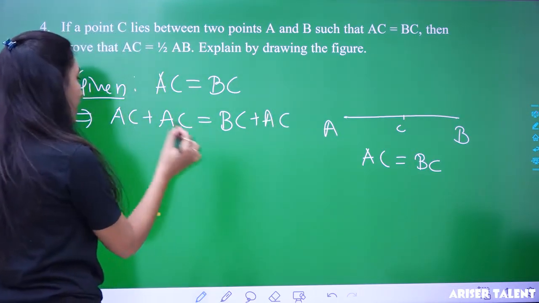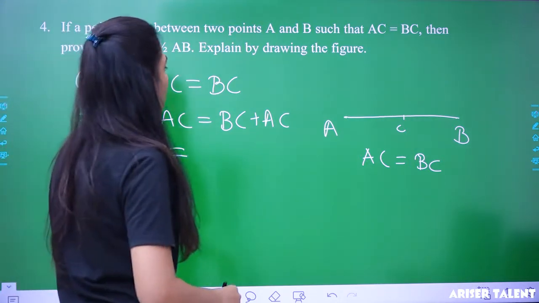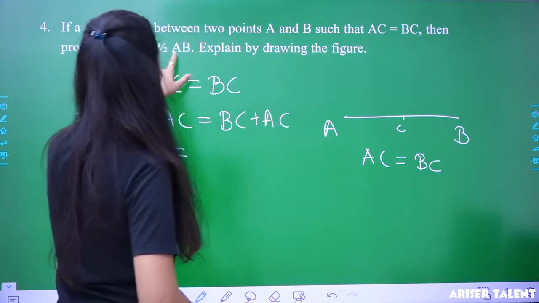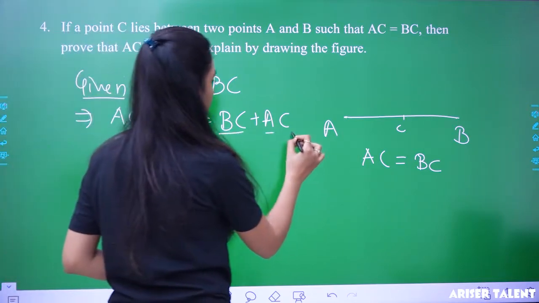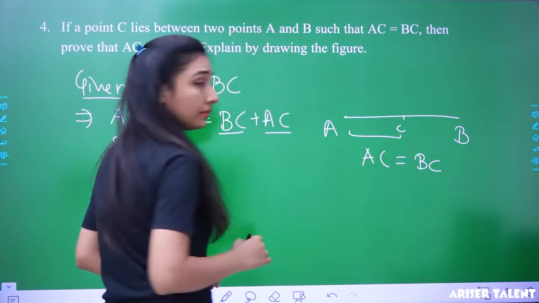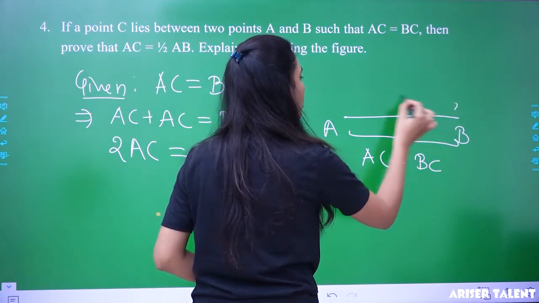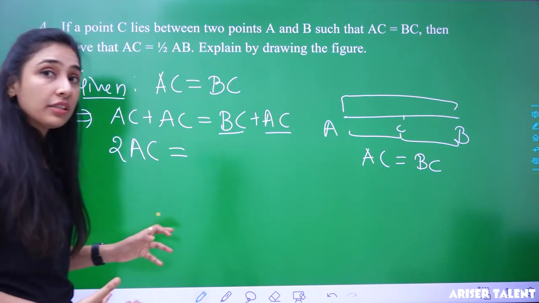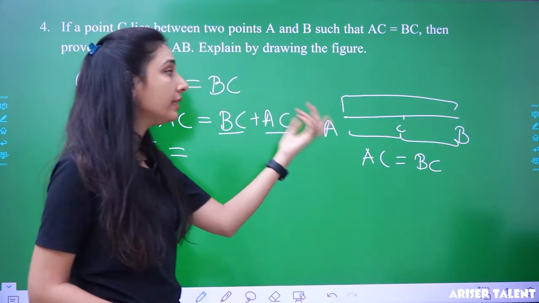Now, AC plus AC is equal to 2AC, and BC plus AC will give us AB, because AC and CB together coincide with AB.